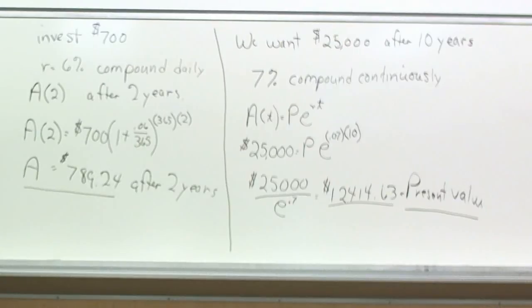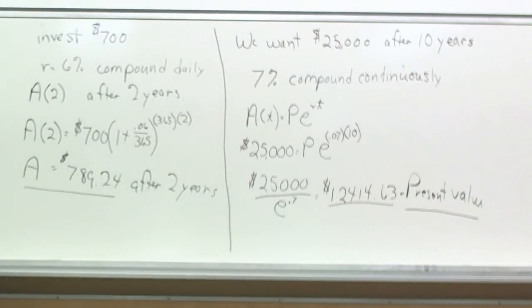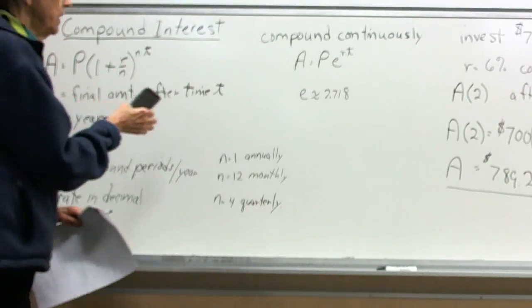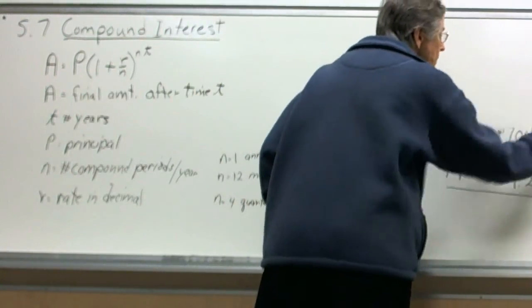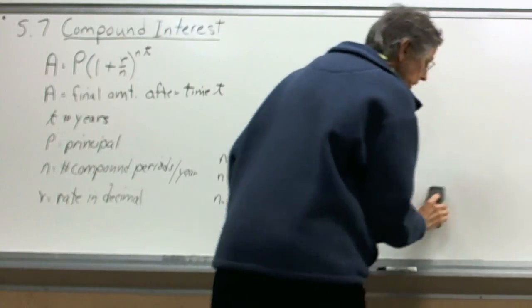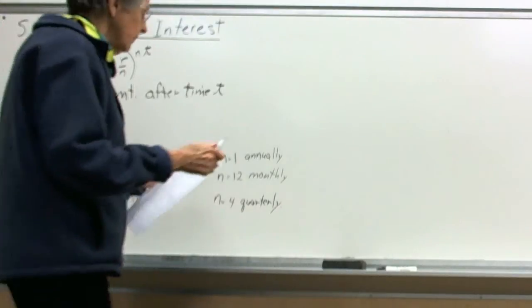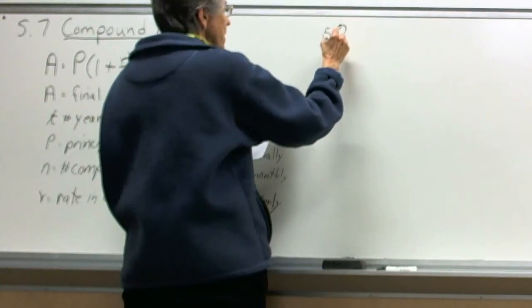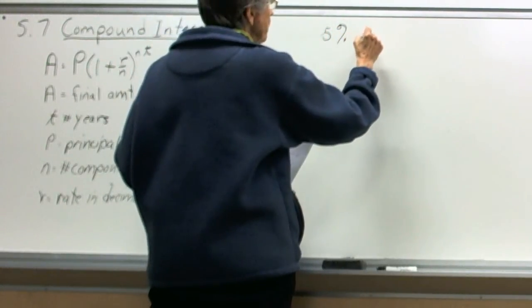We have another type of problem that would ask us how long it's going to take to double our money. And we're going to use, again, the compounding formula here. Let's put that over here. And we'll write down the question. We have an opportunity to invest at 5%, and this will be compounded monthly.